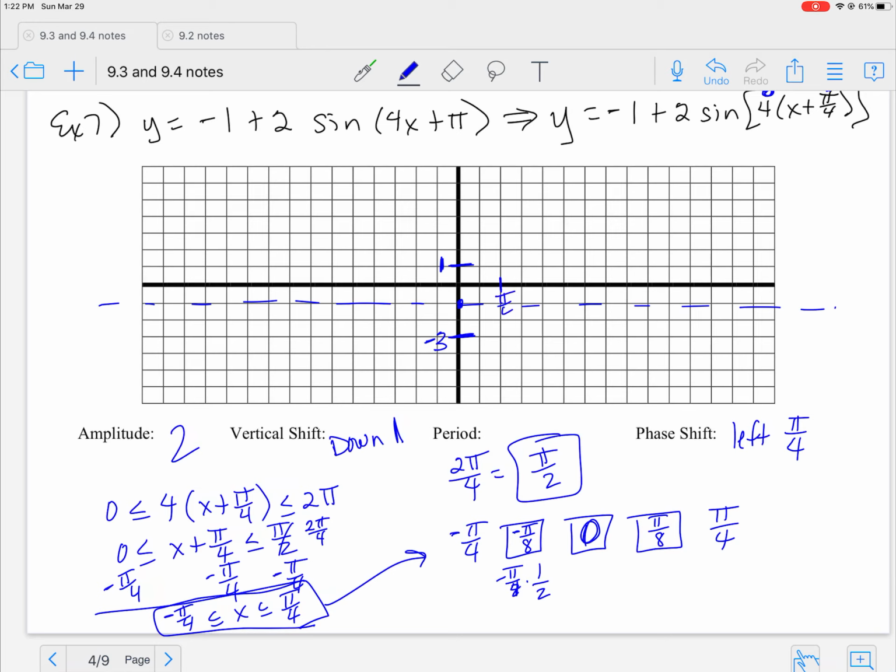It's pretty sweet, right? So I'm at this mark, and I'm going to come up here to, you can make it to pi over 4, negative pi over 4, and I'm starting, let's go back to this.